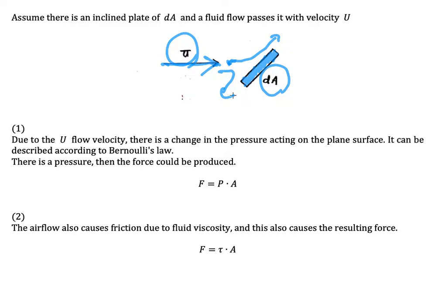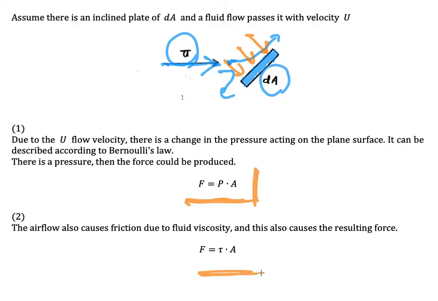When pressure acts on the surface, it will create force. So first, there is force due to the existence of the pressure. The second one is, we learned about the no slip condition, the shear stress and so forth. The shear stress there will give us another type of force.